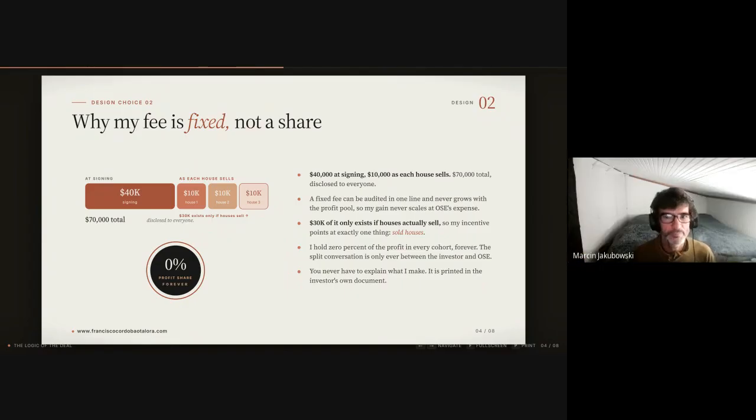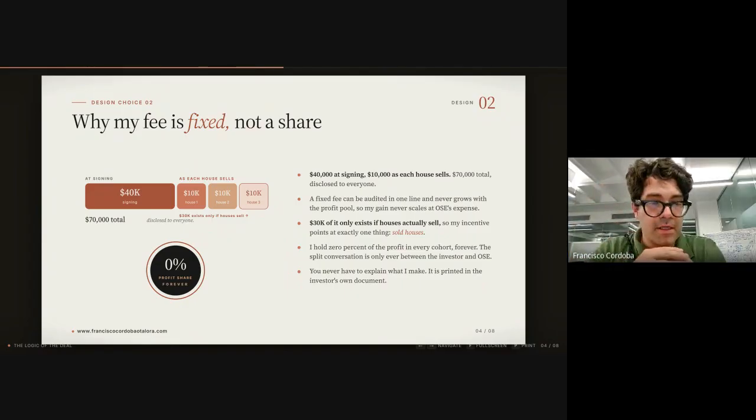So it's like a dividend kind of stuff. This is aligned with what you said. This is disclosed to everyone, so the whole model is very clear for all the parties. So by bringing the first investor, I can make 40K, but then after each house is sold, I can make 10K per house.